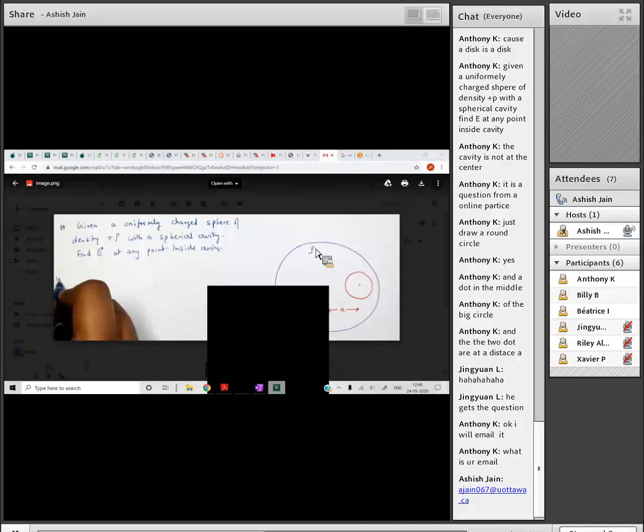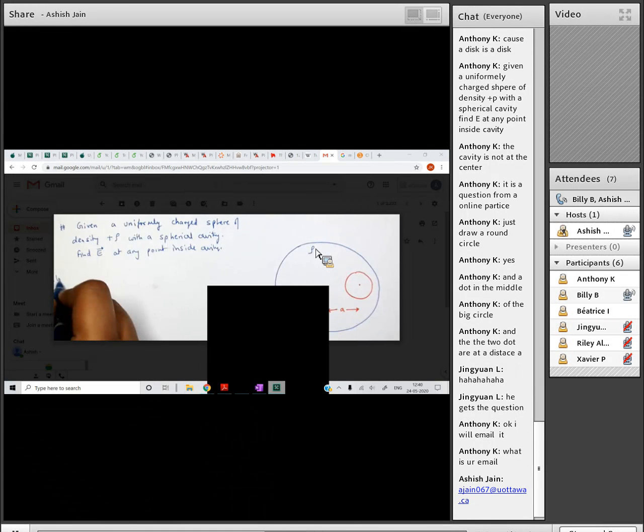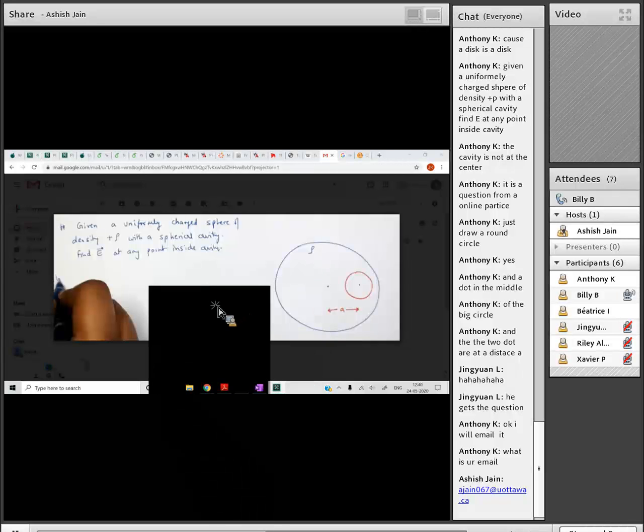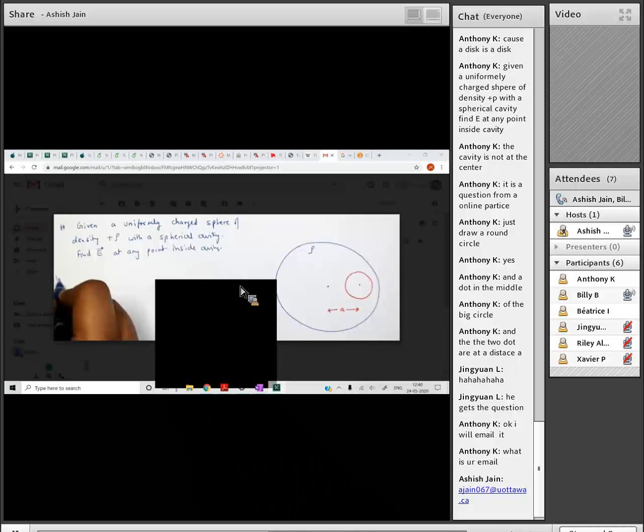Okay. Given a uniformly charged sphere of density rho with a spherical cavity, find E at any point inside the cavity. So this is kind of Faraday cage, right?